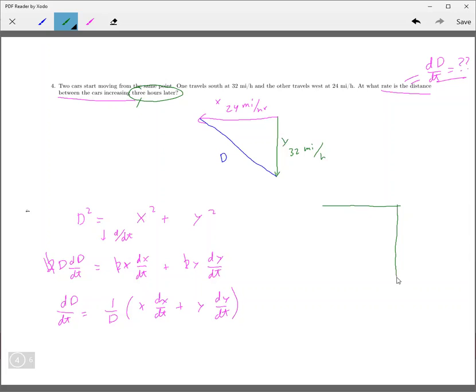Okay, so that's plugged in. If you plug the numbers in here, this is going to be 96. This one, and that's 3 times 32. This one here, 24 times 3. So 3 hours later, that's going to be 72.